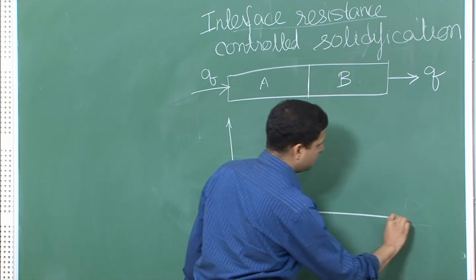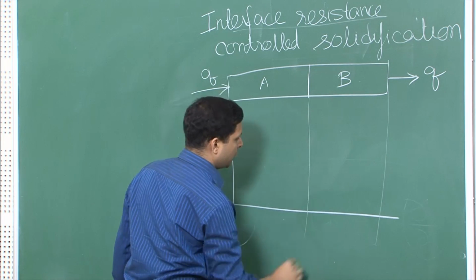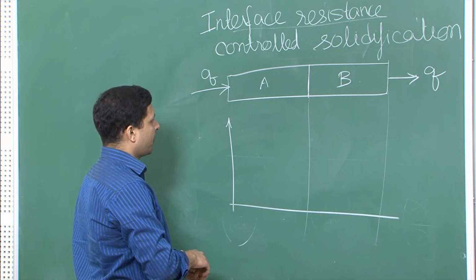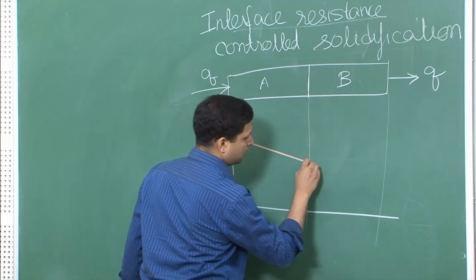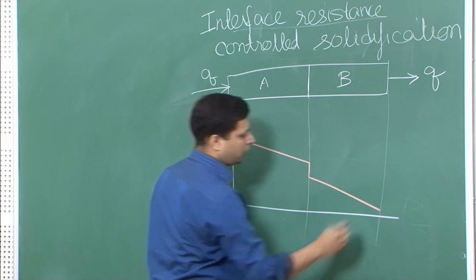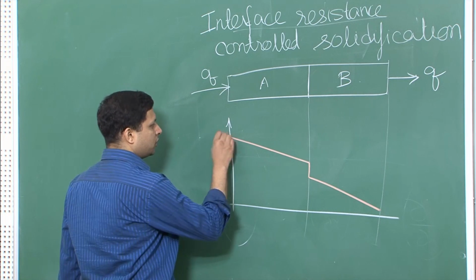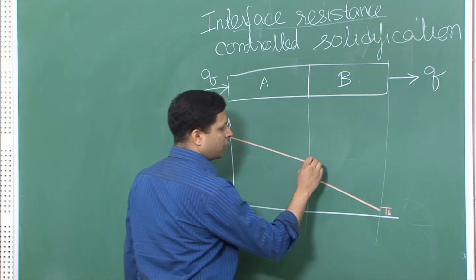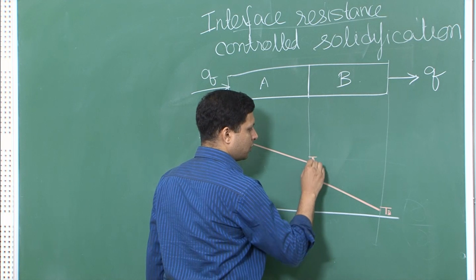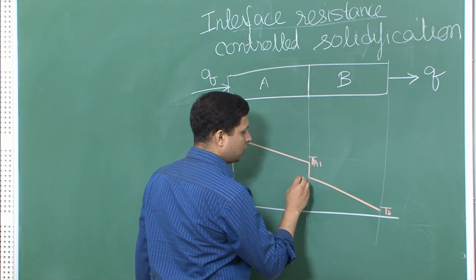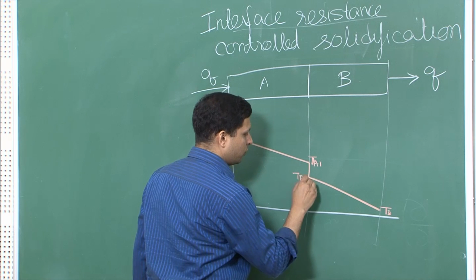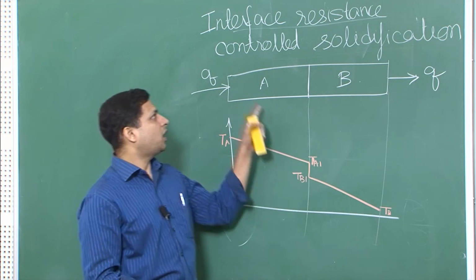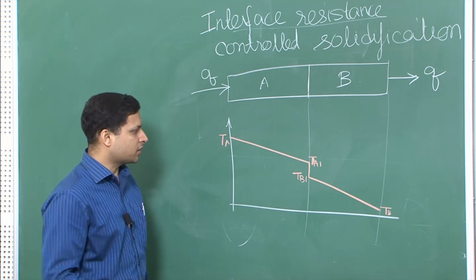Now if you draw the temperature profile for this, the temperature would look something like this. So this is TA, let us say this is TB, and over here this is TA1, this is TB1.